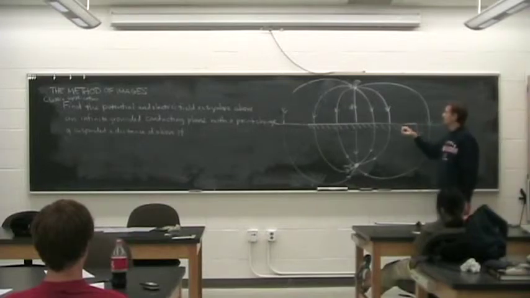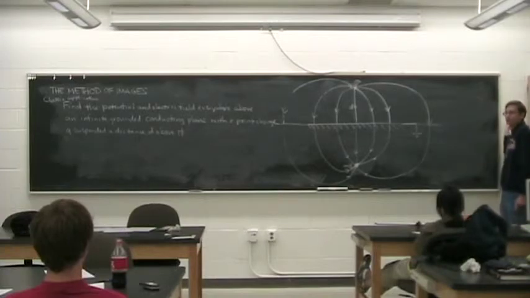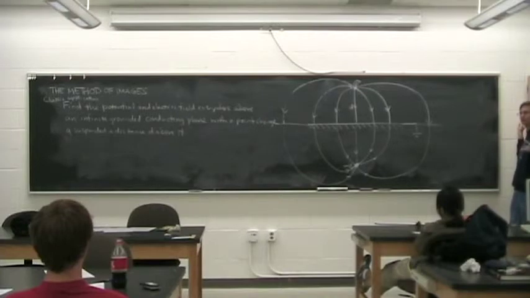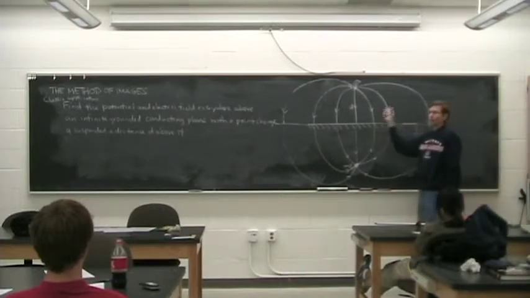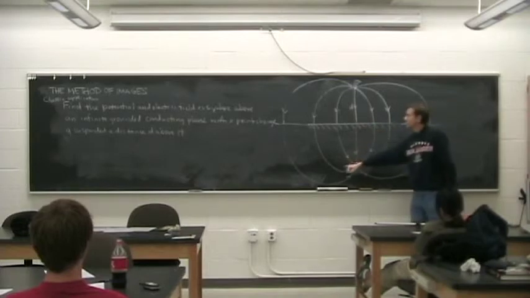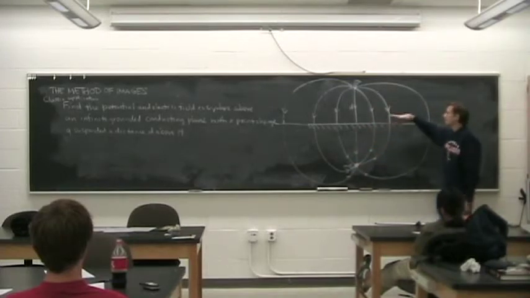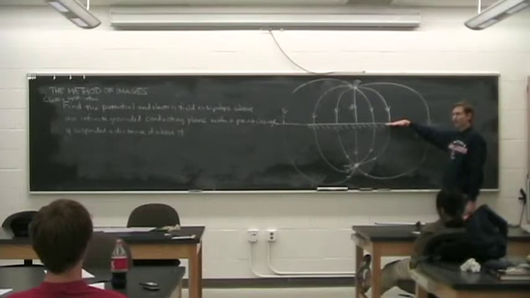And so I've got a situation where certainly I can set the potential equal to 0 on the plane because it's an equipotential for this pair of point charges. In fact, that works because you go off to infinity and the potential will stay 0. So that satisfies the condition that the potential goes to 0 as you go out to infinity, and that the potential is 0 on the plane. But then wait a minute. The electric field of this pair of point charges above the conducting plane satisfies all the boundary conditions.